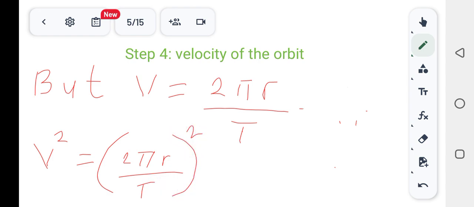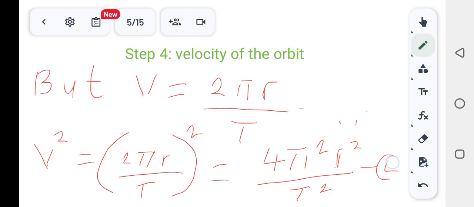When this expression is squared, you are left with 4 pi squared r squared all over t squared. This is our equation 4, the velocity of the orbit.